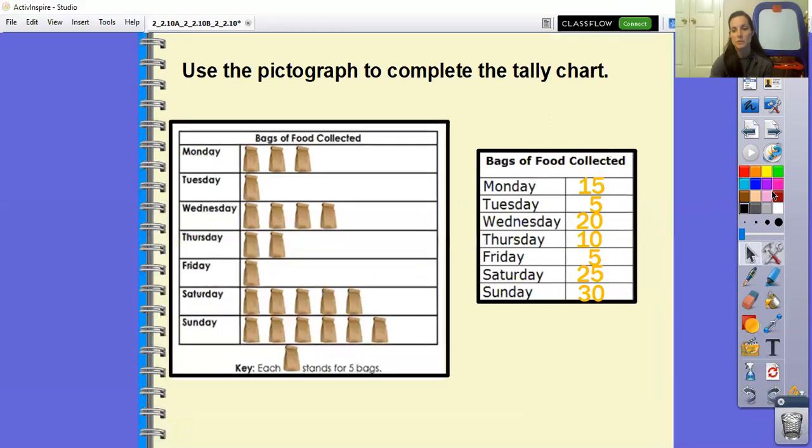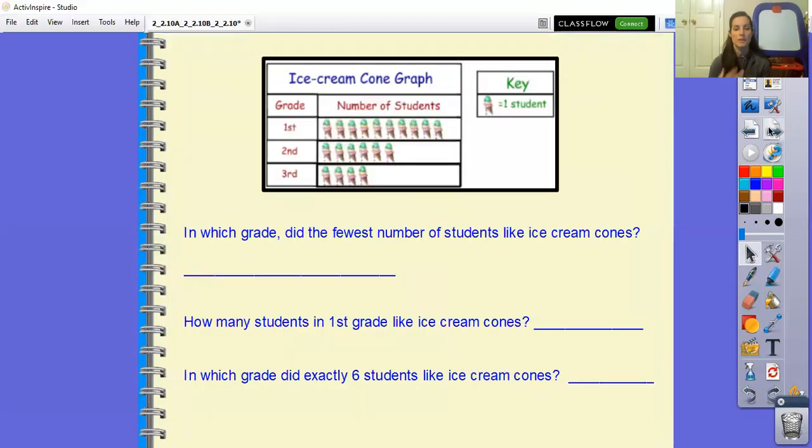Okay, after we interpret data, we need to be able to take that data and answer questions. So we have another pictograph here, ice cream cone graph. We're looking at our key. 1 ice cream cone equals 1 student. And we have our grade levels, 1st, 2nd, and 3rd, and the number of students.